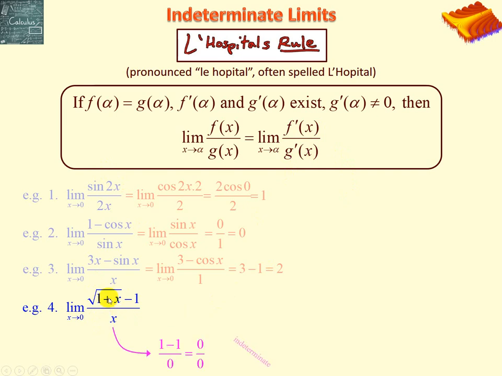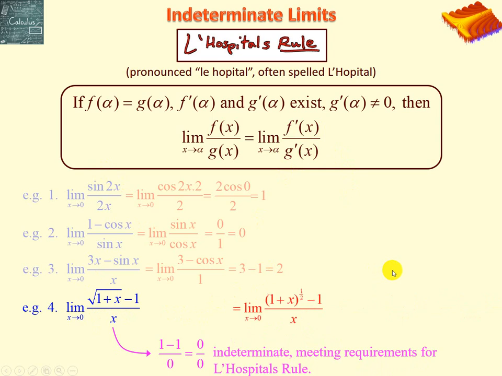So I'm going to write this in a more differentiable form, first of all. There it is. Now, if I differentiate the top, it's something to the half. And that something's 1 plus x. So it's half 1 plus x to the minus half. Times derivative of the inside, which is 1.